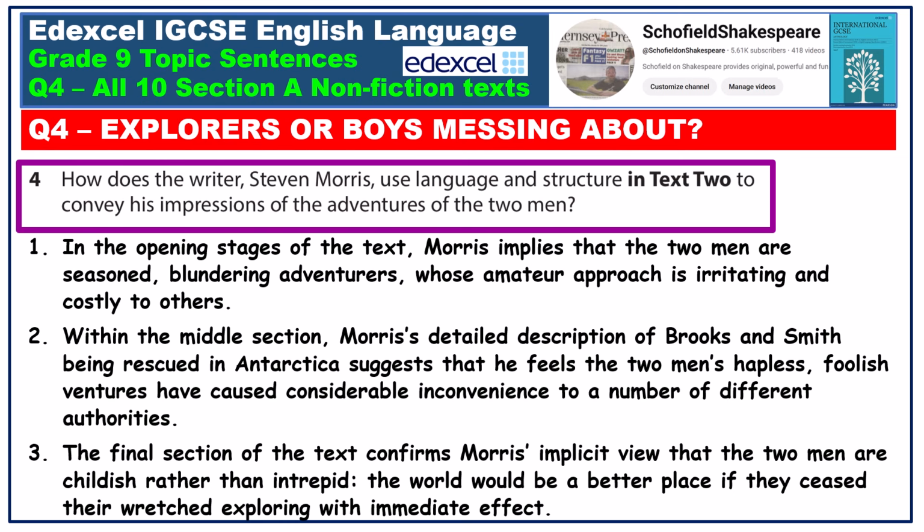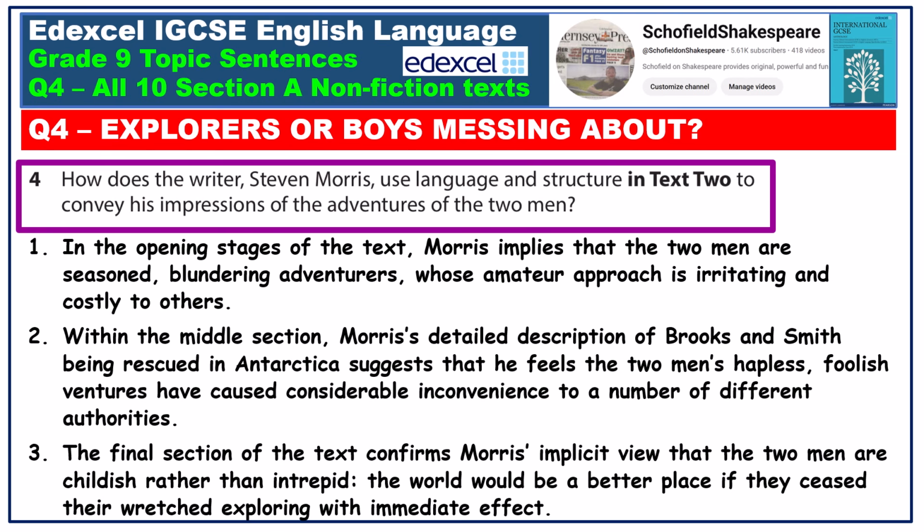My suggested topic sentences. 1. In the opening stages of the text, Morris implies that the two men are seasoned, blundering adventurers, whose amateur approach is irritating and costly to others. 2.